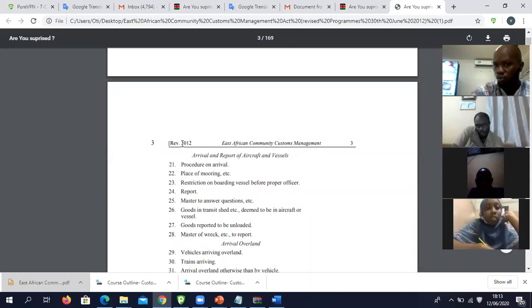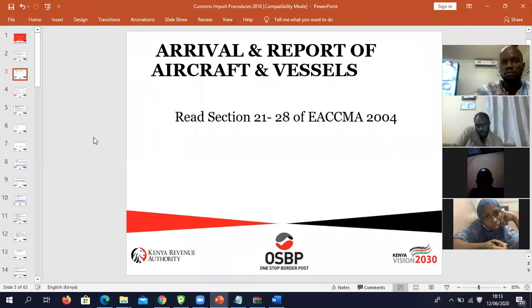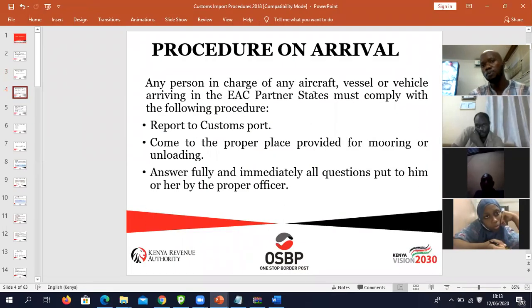Maybe if you have time later on, you can go into this particular section and see whatever they address. But in brief, this is what is contained. So procedure on arrival.